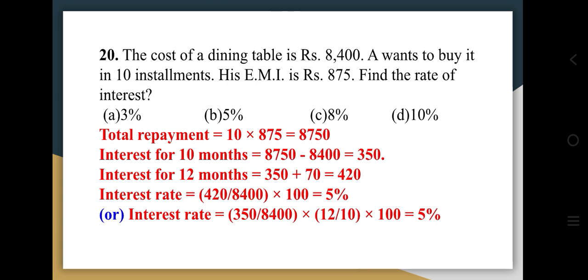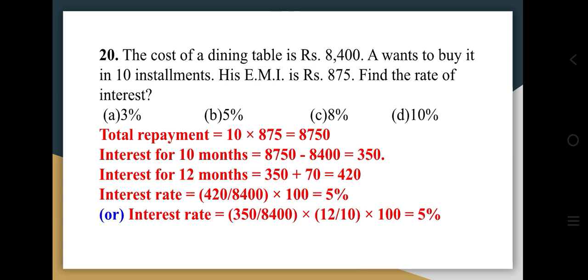The cost of a dining table is rupees 8,400. A wants to pay it in 10 installments. His EMI is rupees 875. Find the rate of interest. So he repays the amount in 10 installments.